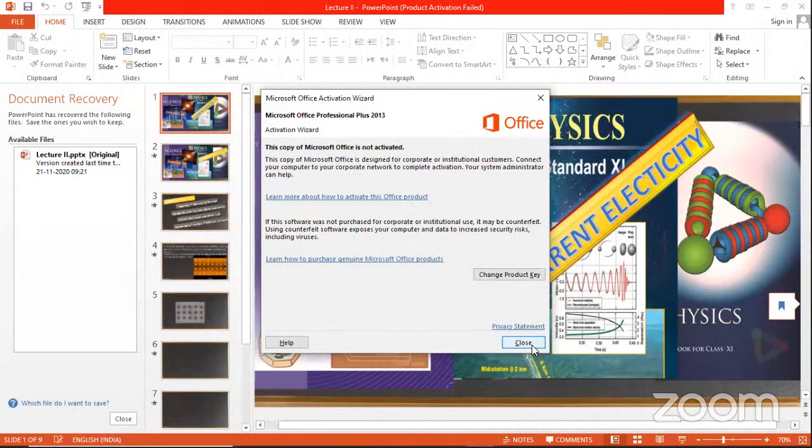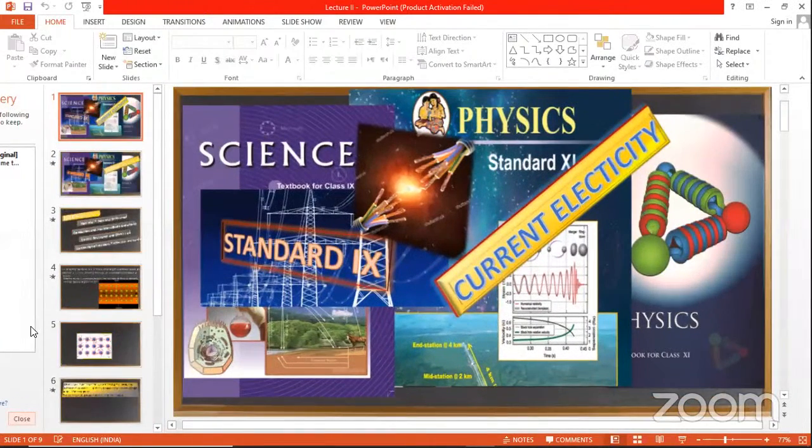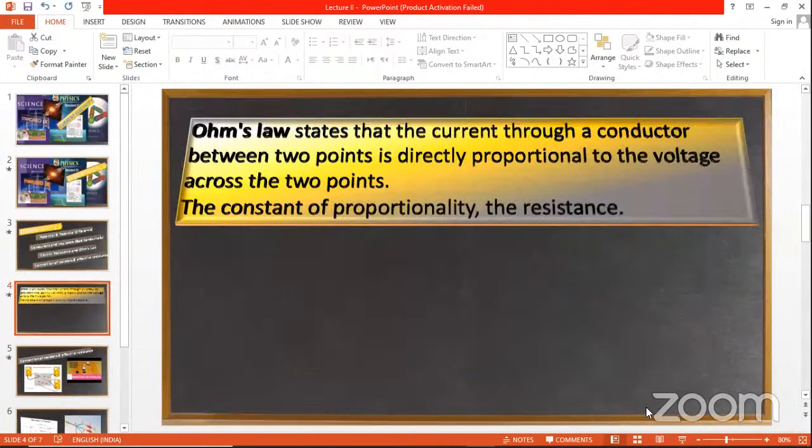Okay, now it may work proper. Screen is visible to you?